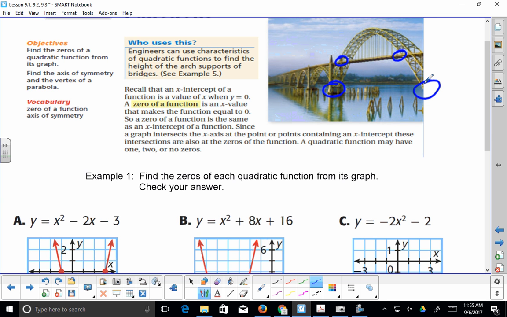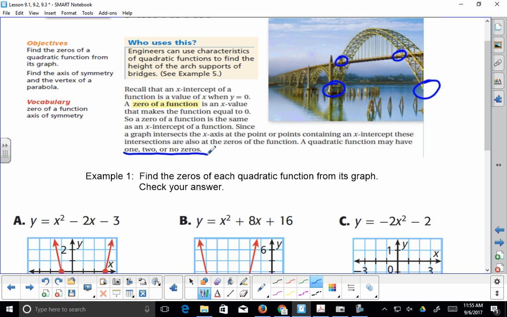But when we talk about zeros, we're just talking about when the graph crosses the x-axis. With a quadratic function, it could not happen at all sometimes. Sometimes there are no zeros, sometimes there's only one zero, and sometimes there are two zeros. So you could have 1, 2, or no zeros with a quadratic function.